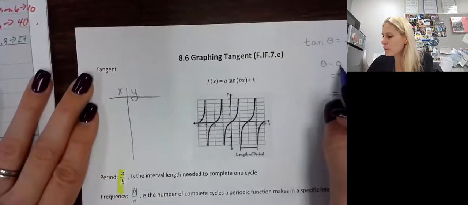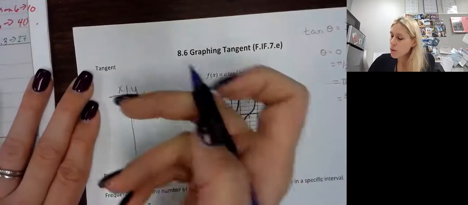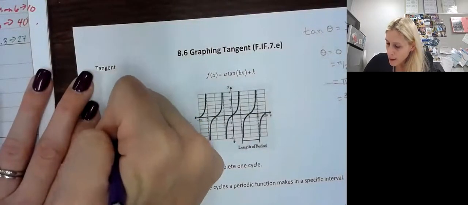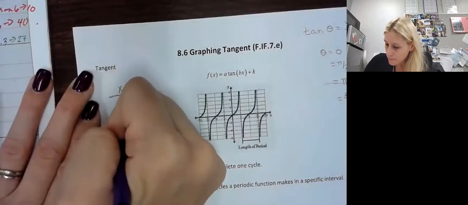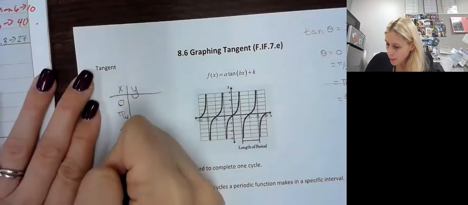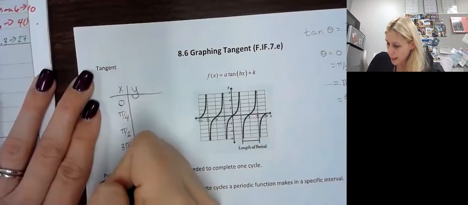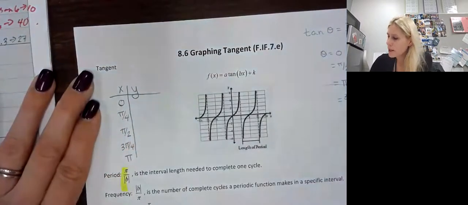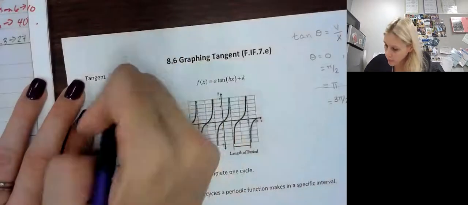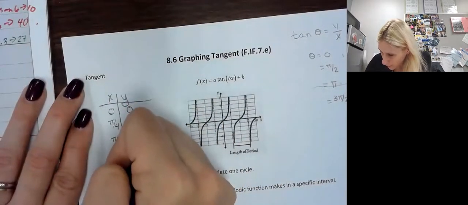But I'm only going from 0 to pi, so I know exactly what's going on. So let's break this up into 0, pi fourths, pi halves, 3 pi fourths, and pi. Okay, now I already went through that at theta equals 0, we get 0. At pi over 2, we got undefined.